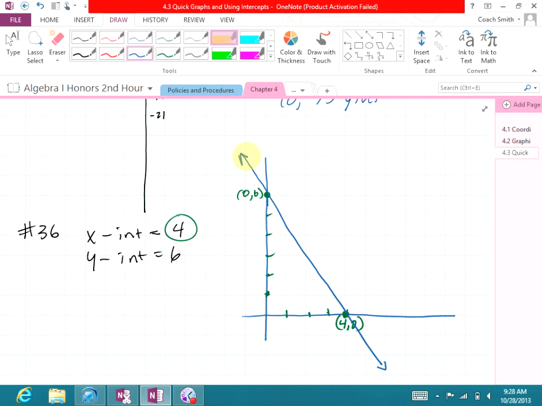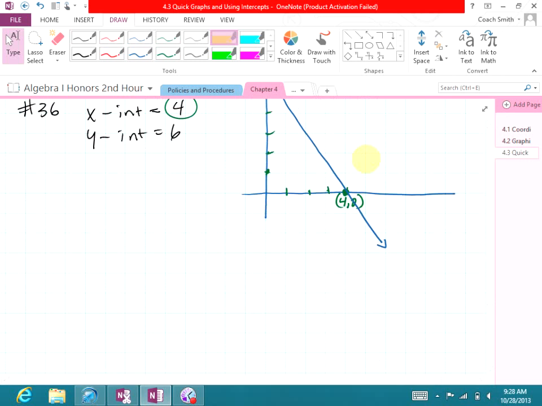All right, look at 14. What is the x-intercept on 14? Brandon? On the x-intercept, they just want the x-coordinate.